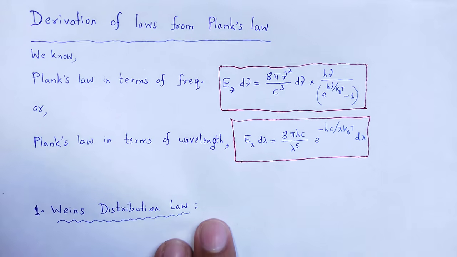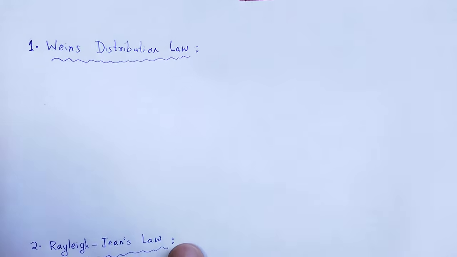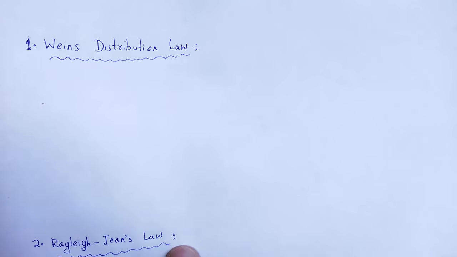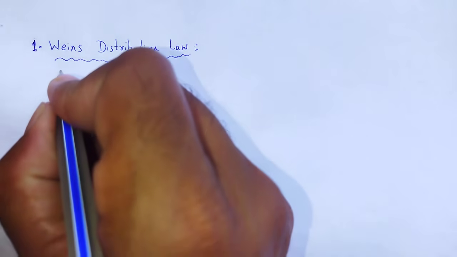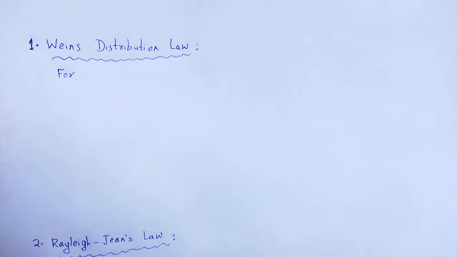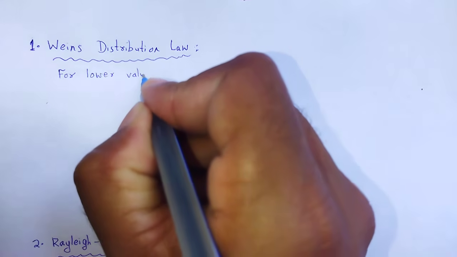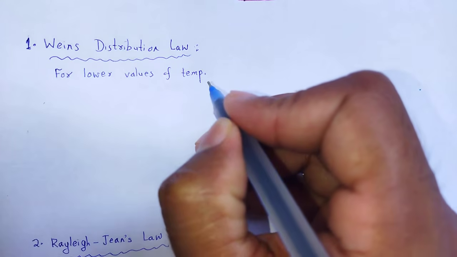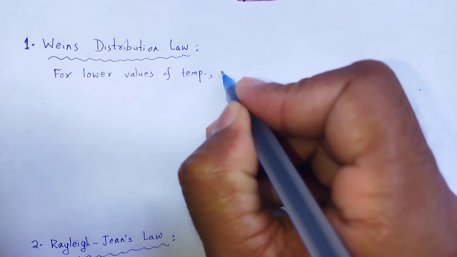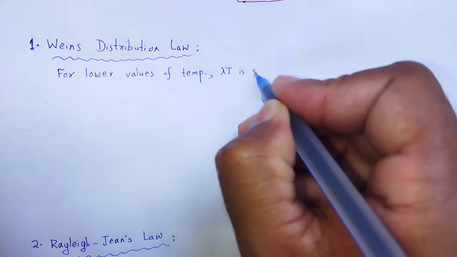First, we derive Wien's distribution law. How to derive Wien's distribution law? For lower values of temperature, if temperature is very low, then the term lambda into T is small.